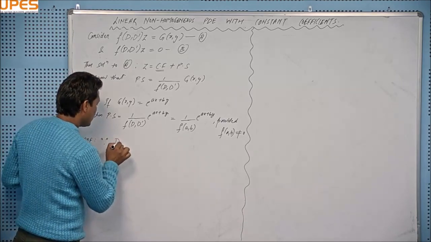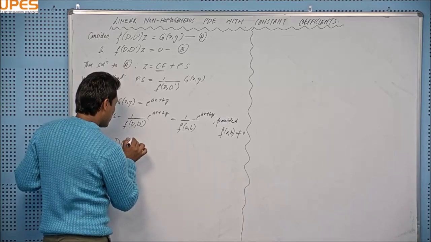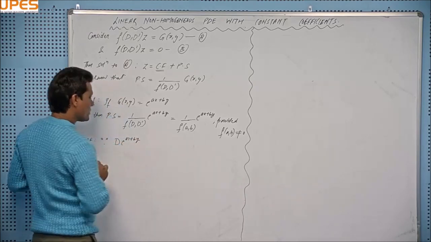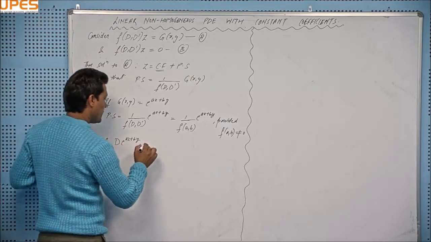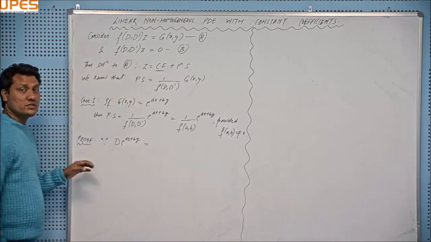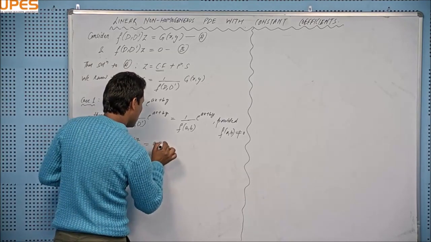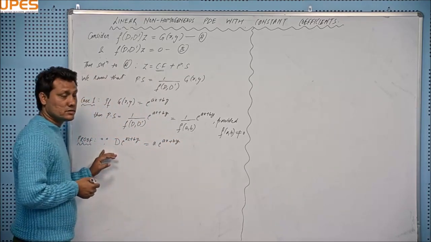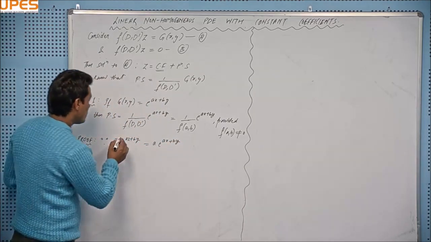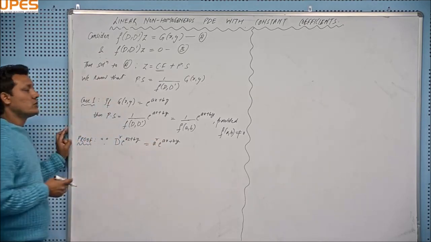Since the operator D operated on e to the power ax plus by will give the differentiation of this function with respect to x, that will be a times e to the power ax plus by, right? Now if I put r here, then I will be getting a to the power r e to the power ax plus by.